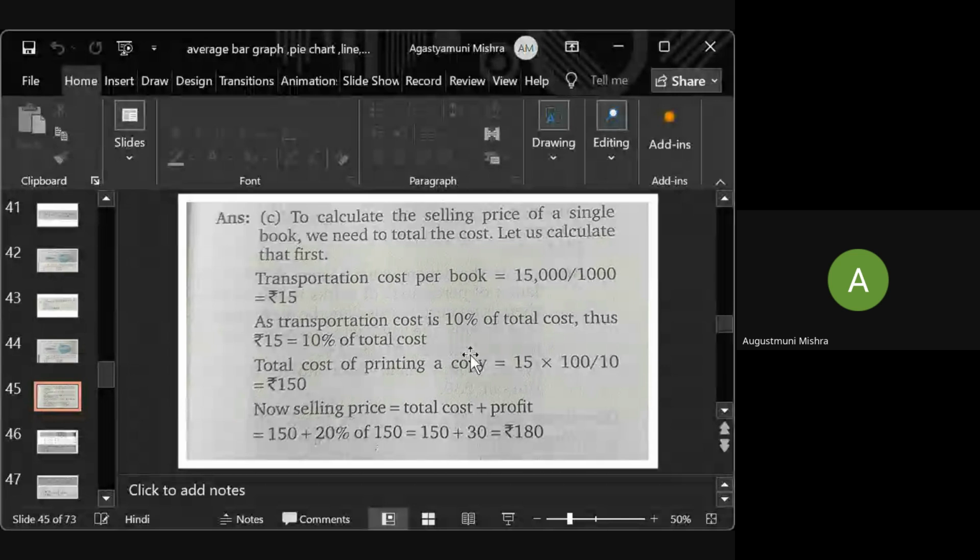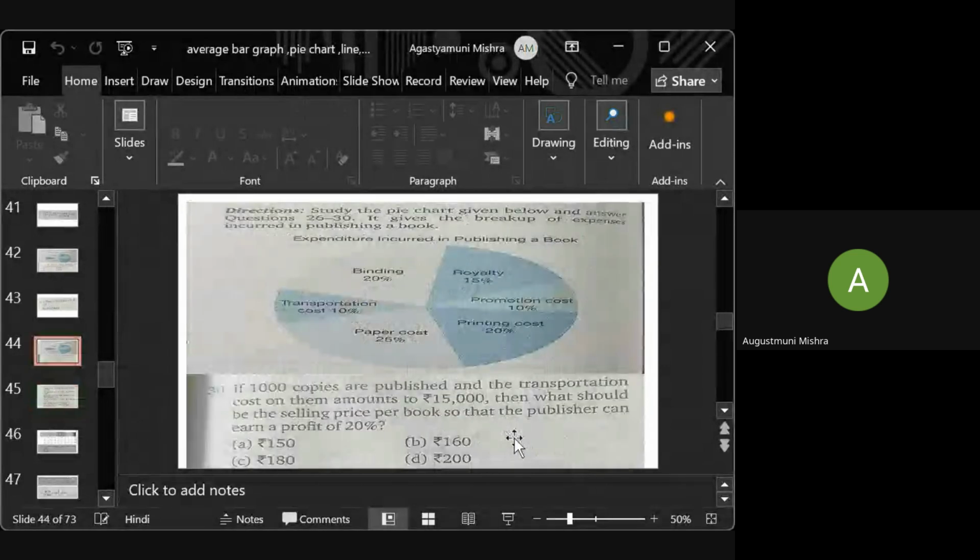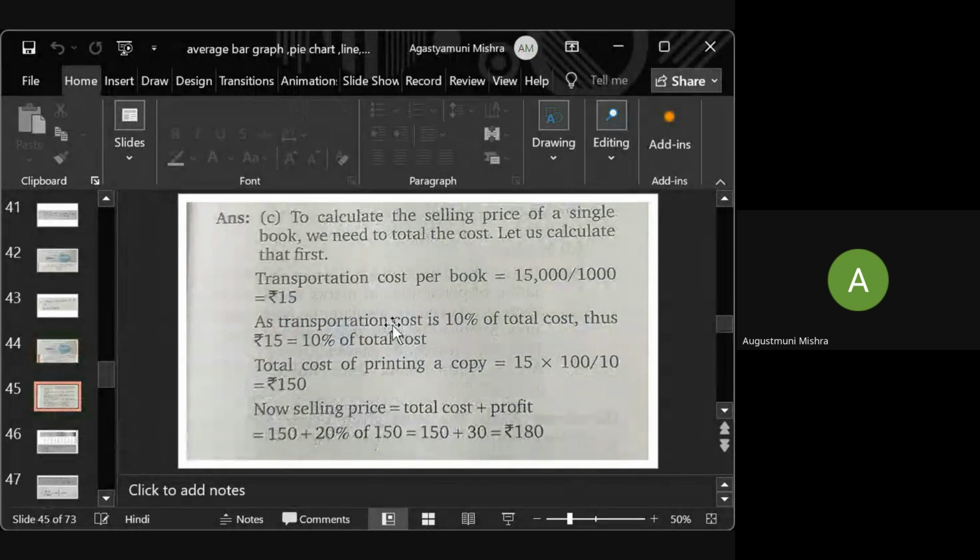To calculate the selling price of, okay, I think C is the correct answer. I think that is 180. Yes, C is the correct answer. You can check the answer. Within half a minute, I will change this.